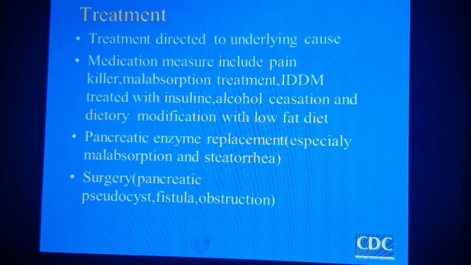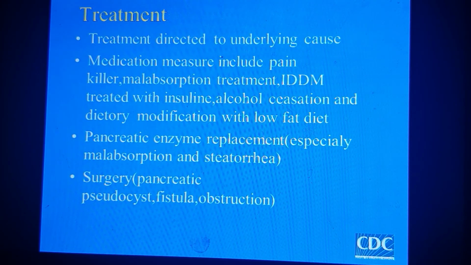What about the treatment? Treatment is usually directed to treat the underlying cause. Also, the same measures we used before in acute pancreatitis can be used in chronic pancreatitis, including painkillers, malabsorption treatment, insulin-dependent diabetes mellitus treated with insulin for a long time, alcohol cessation, and dietary modification with a low fat diet.